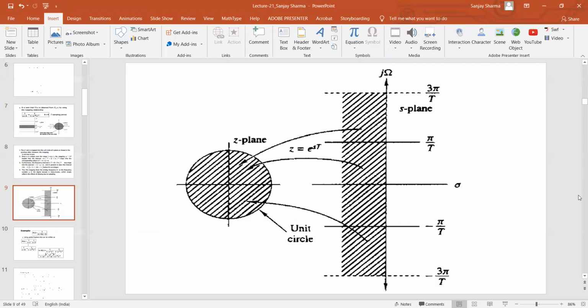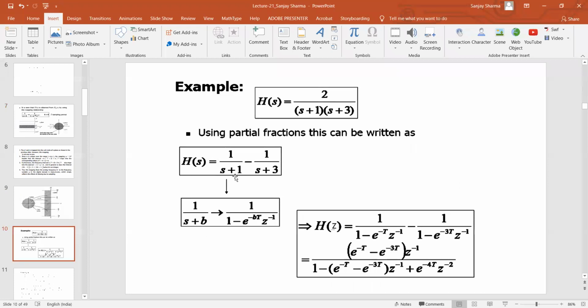In the first term b is 1, in the second term b is 3, so I can get H(z) from here.